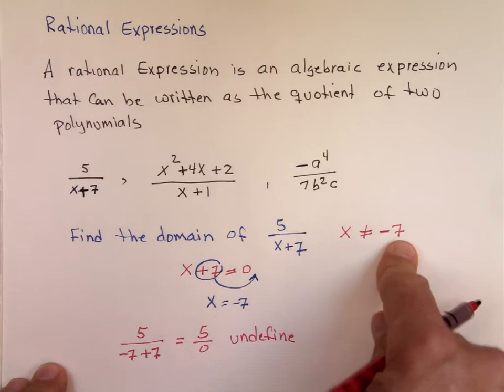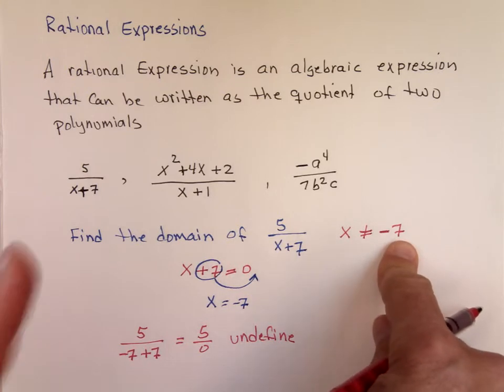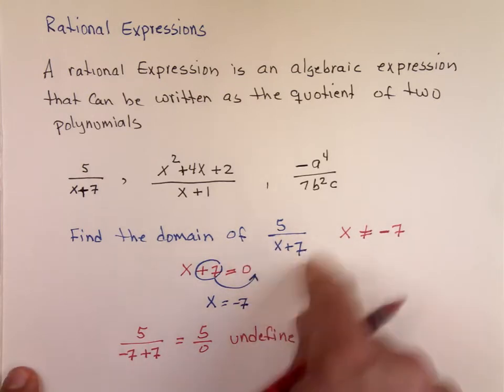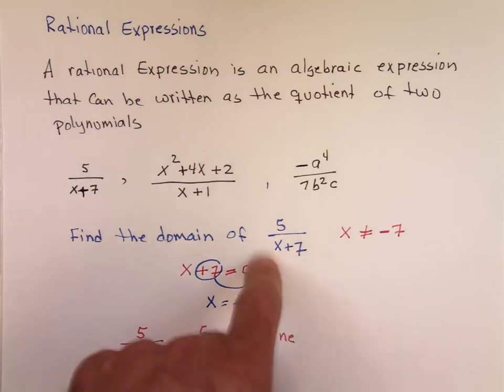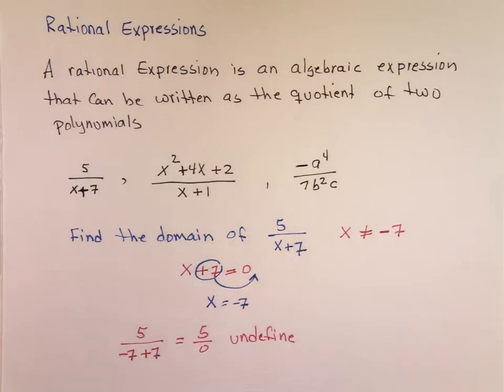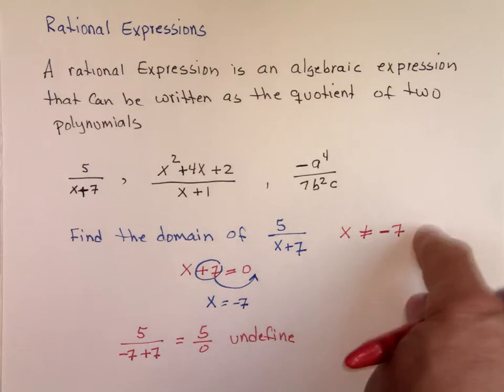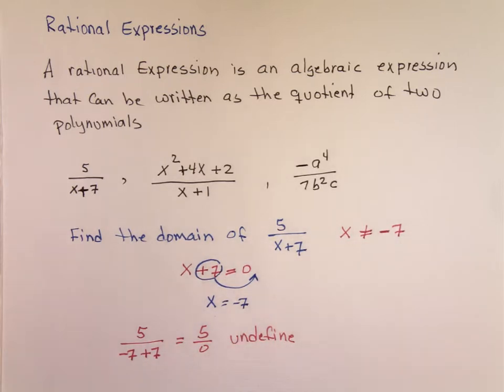That is the only value in the world that will make the bottom of this fraction equal to 0. Nothing else will make this equal to 0. So my domain is actually all real numbers except negative 7. We're just going to say x does not equal negative 7, which means all the numbers but negative 7.